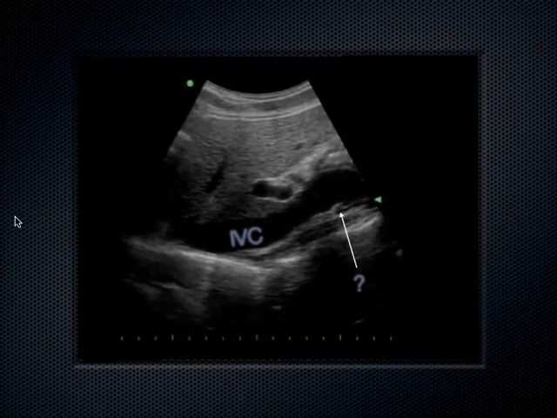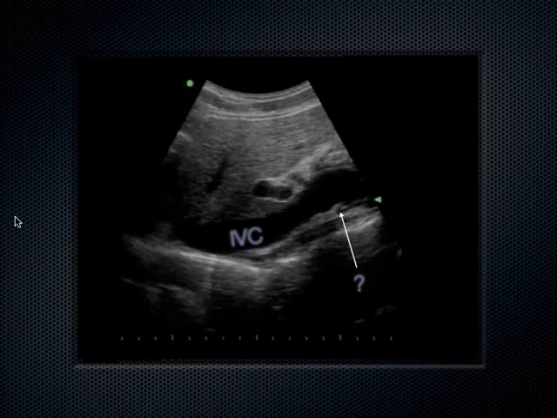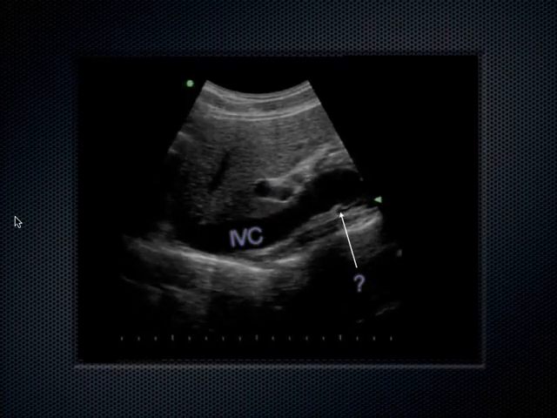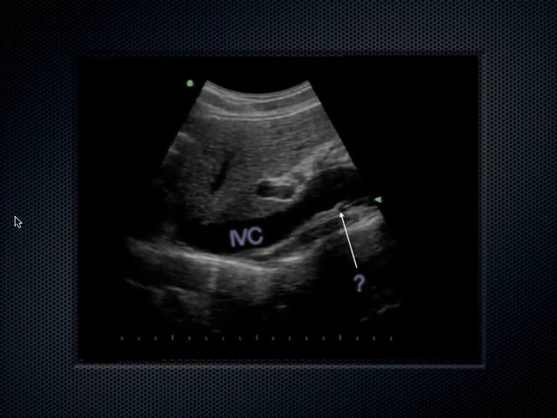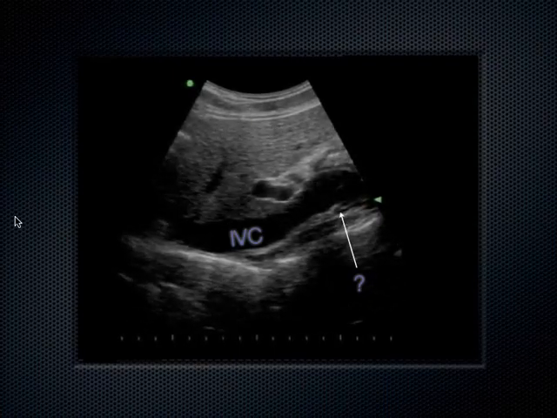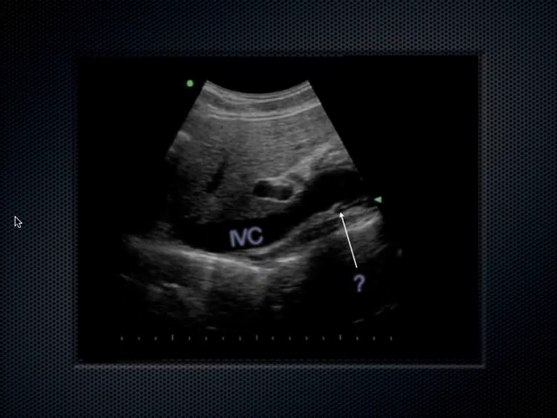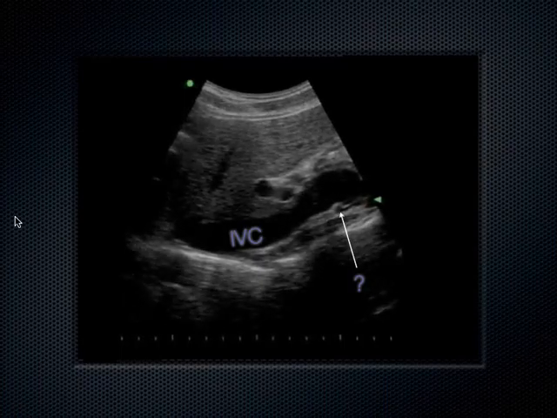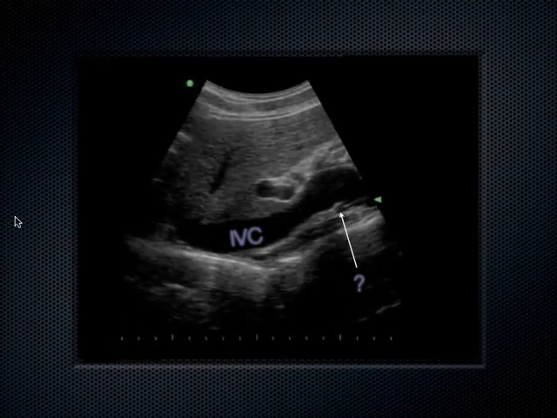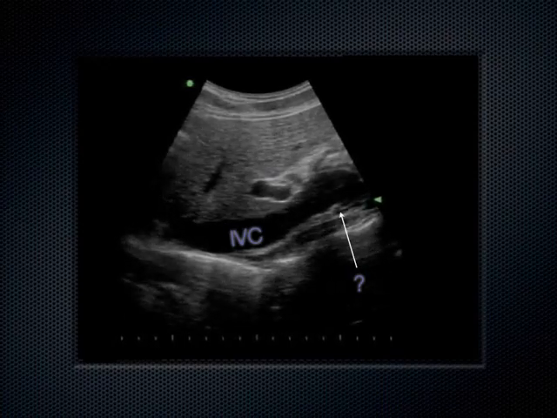Another reason why I like the transverse view better, because I can see at the same time, on the transverse view, both IVC and aorta together. Sagittal, you only get to see one or the other. So it's very possible to mistake the IVC for the aorta and say it's normal. Another good reason to go transverse. But anyways, this is the IVC, because I see the liver everywhere.